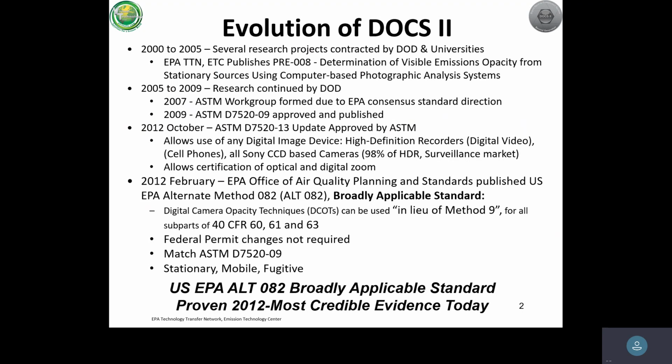The 09 version had a 7-foot stack limit in it because the EPRI folks didn't want me to get this standard, so the horse trade was to exempt 7-foot stacks. So I did that, and then we did some more studies, and the 16 version of that standard eliminated that exemption. So now it's good for all opacity sources, whether they're mobile, stationary, fugitive, or area.